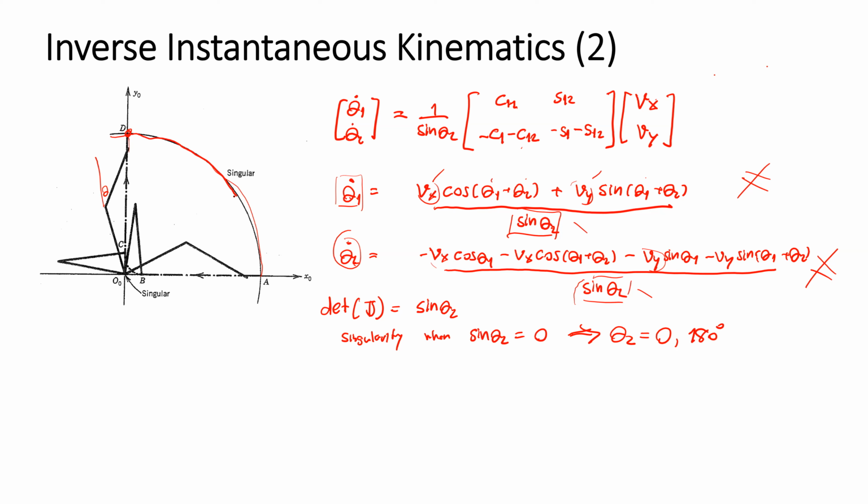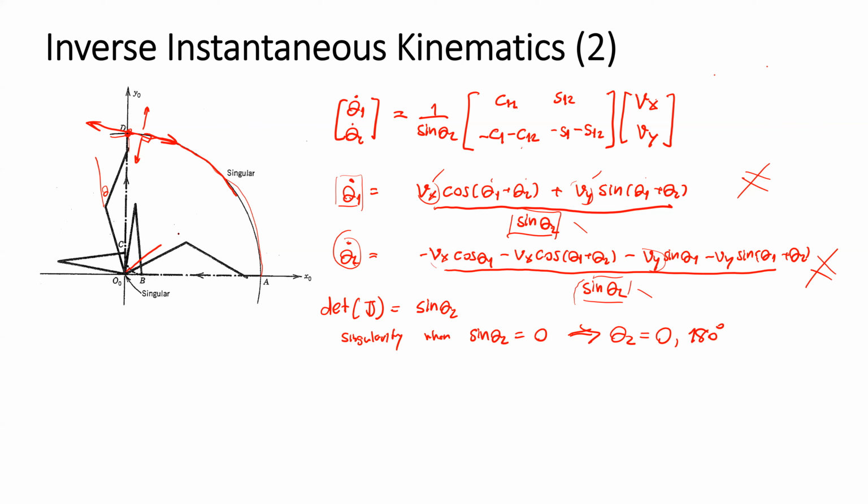It means if theta 2 is 0, we cannot create the velocity in the radial direction. We can only generate the velocity along the tangential direction.